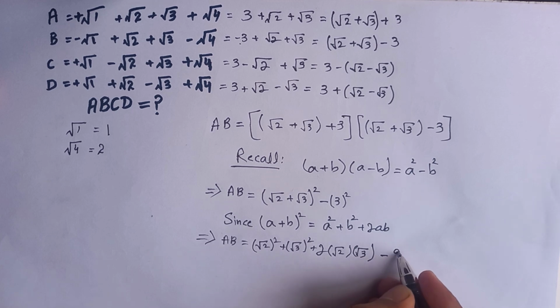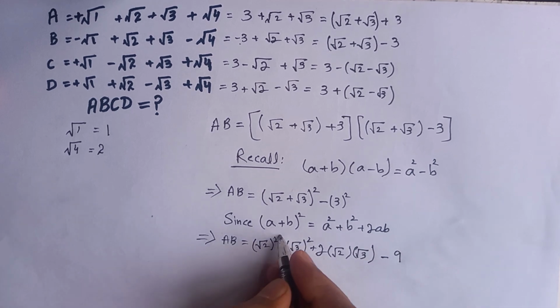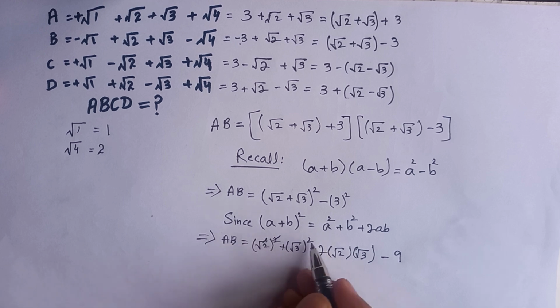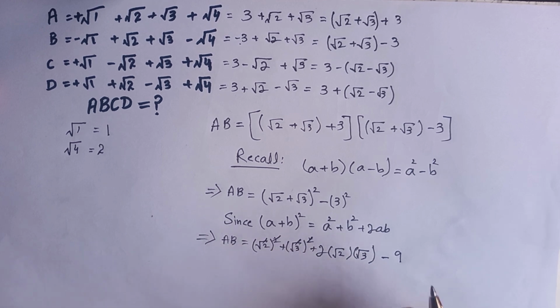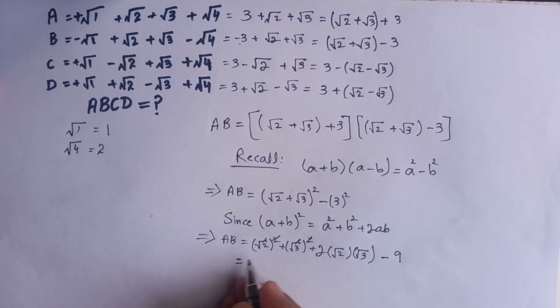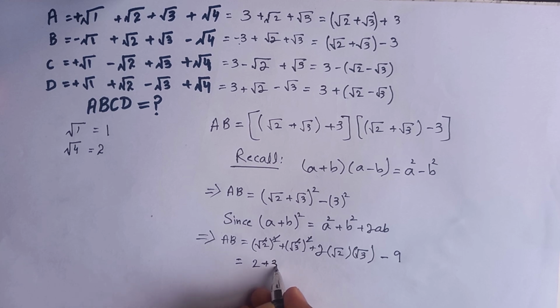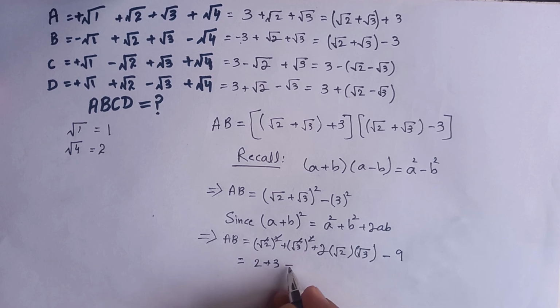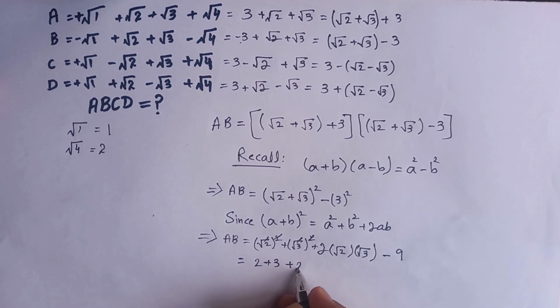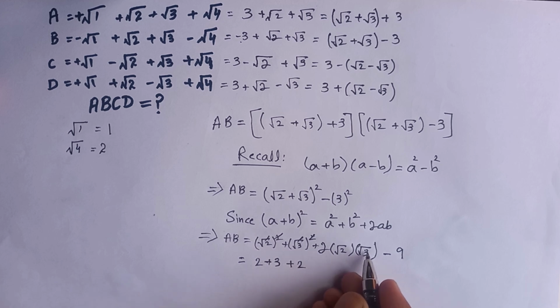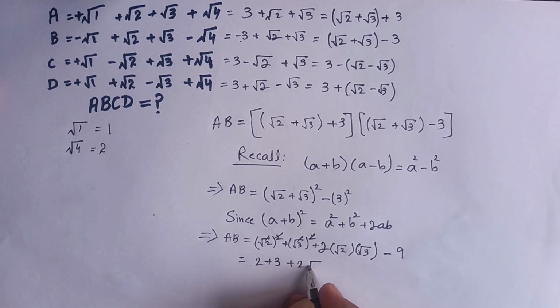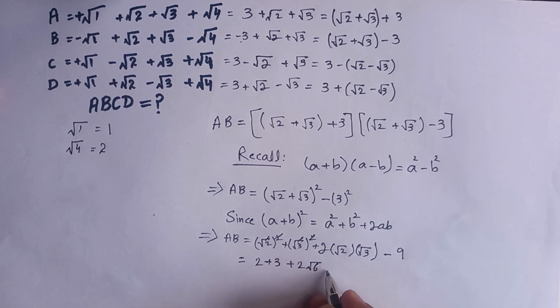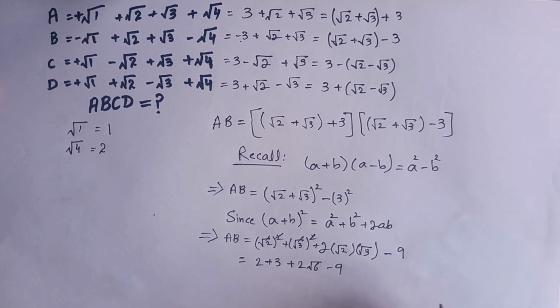3 square is 9. The square is cancelled out from the square root, so this is 2 plus 3 plus 2 root 2 times root 3, which is root 6, minus 9.